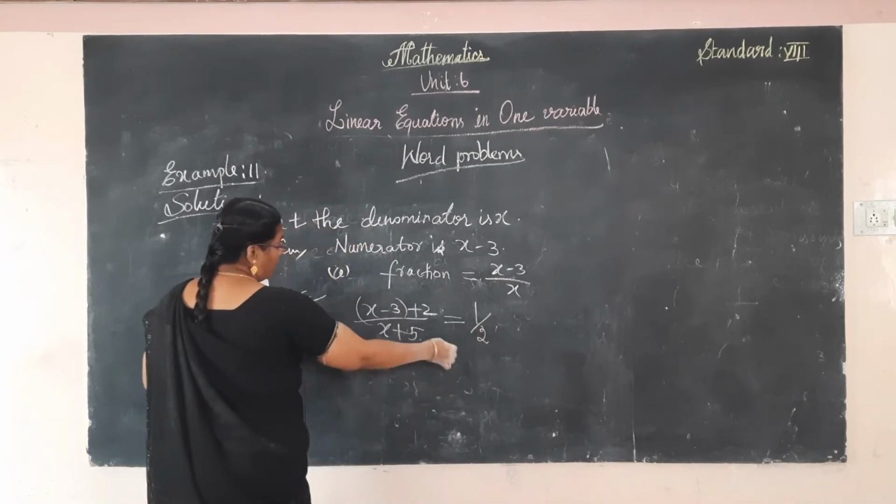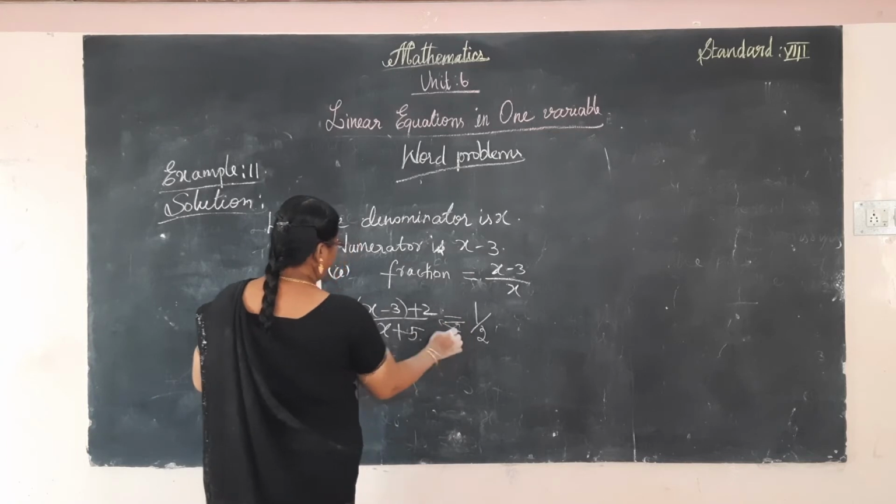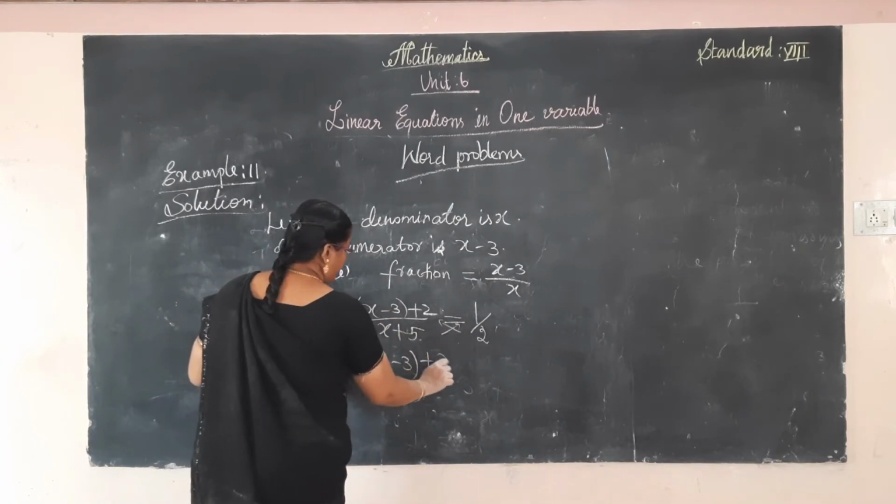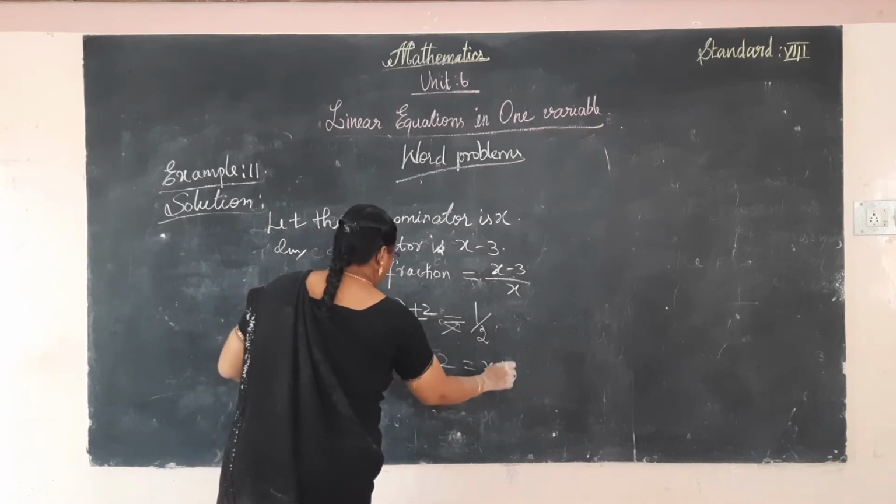Find the fraction. Now just cross multiply. So 2 into x minus 3 plus 2 is equal to x plus 5.